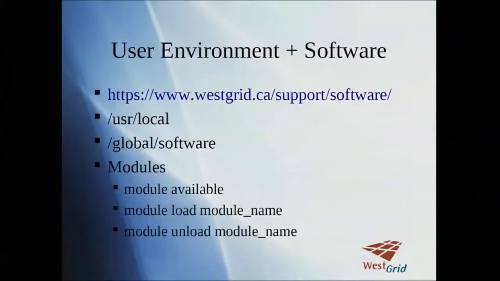Then, when you have logged in, not every piece of software is immediately available to you. In order to set the environment, let's say for GROMACS or VASP or any other package, it is very often controlled by modules. On the support page, there is an entire section on what modules are and how to use them.